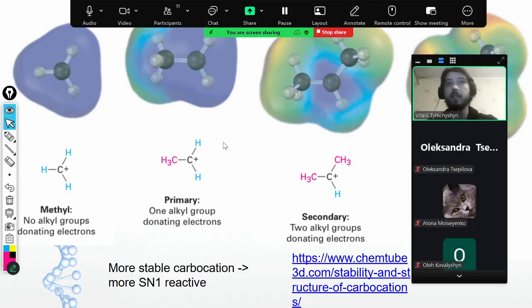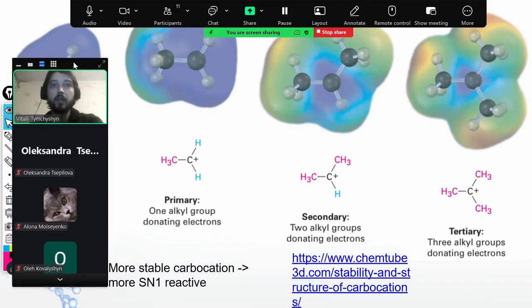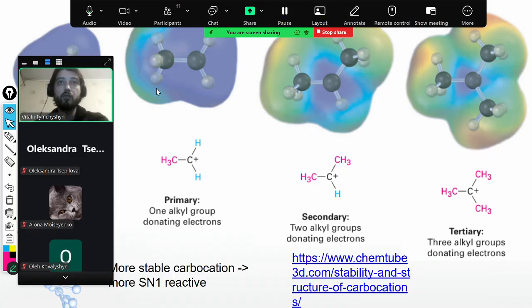This is some sort of intermediate state. Here are different carbocations, and here is the methyl carbocation, with this positive charge, and it is very, very unstable. You remember that the pKa is just over the moon, 50 or something like that. If you have one substituent, so one more carbon atom here, you delocalize this positive charge just a little bit, but it is more stable than when we had no other carbon atoms nearby.